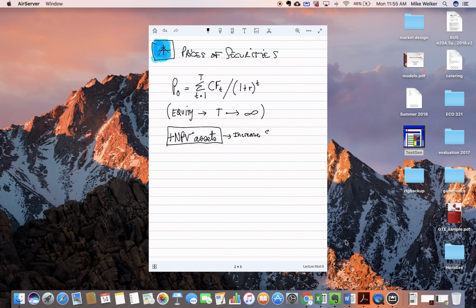So shareholders should be relatively supportive of these positive NPV assets due to the wealth effect.